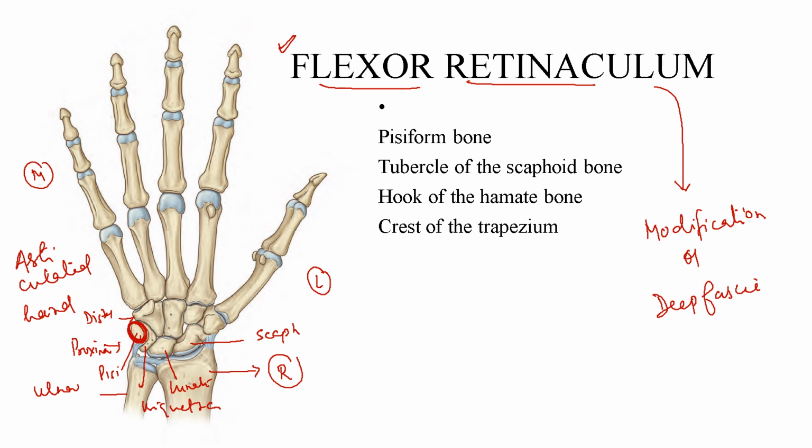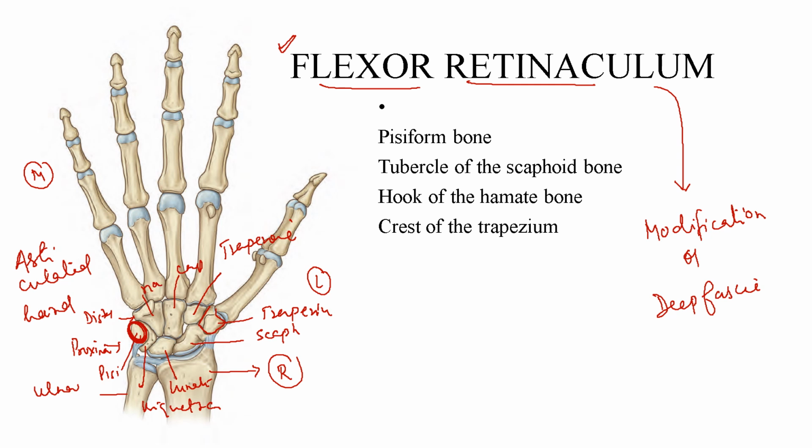In the distal row, just below the first metacarpal, you can see this bone known as the trapezium. Then you have the trapezoid. Next, you have the capitate and the hamate. So these 8 are the carpal bones.